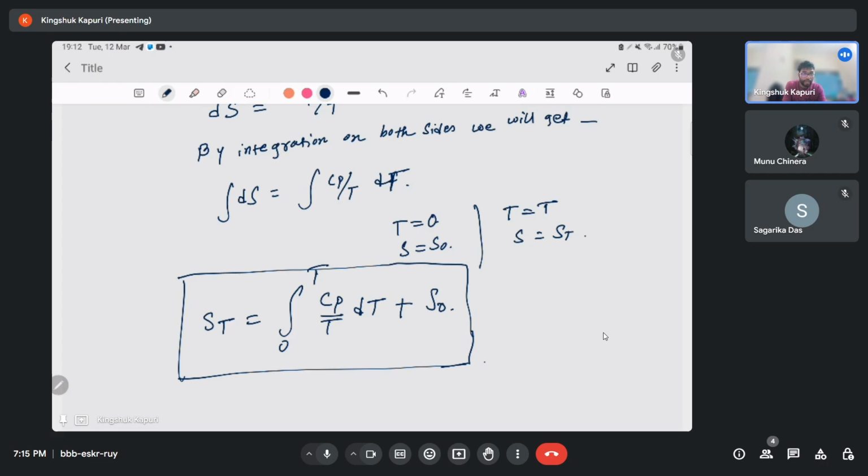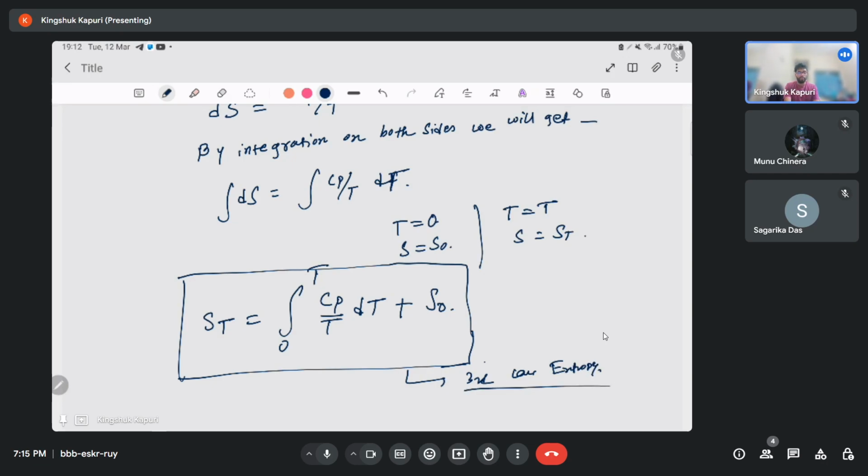So the entropy cannot be completely zero. It will tend towards zero, but it cannot be complete zero. So there will be movement available to the substance or system, right? So the entropy calculated in this form is the third law entropy, corresponding to the third law of thermodynamics.